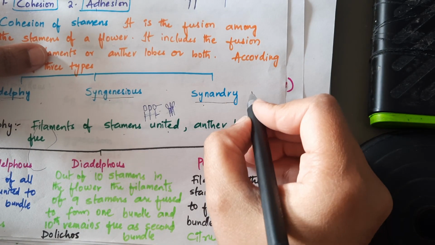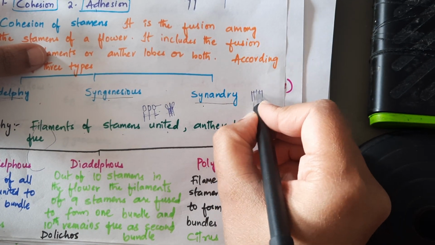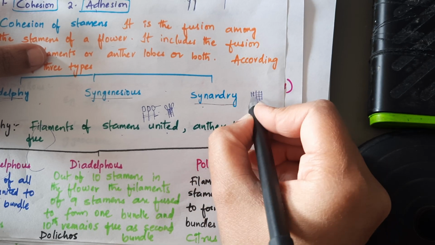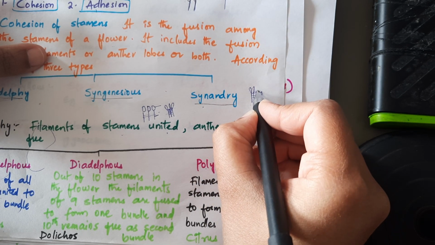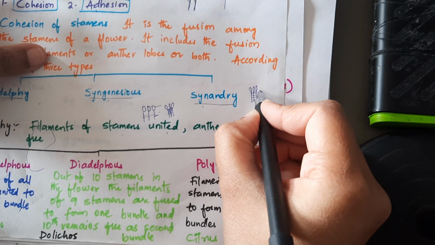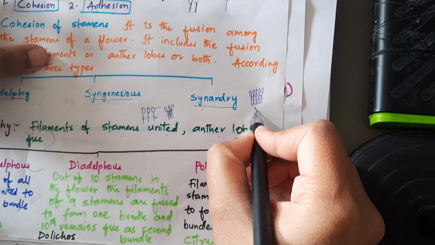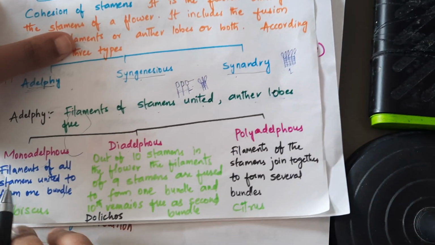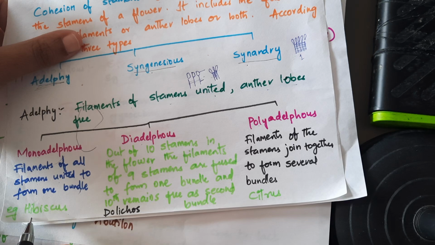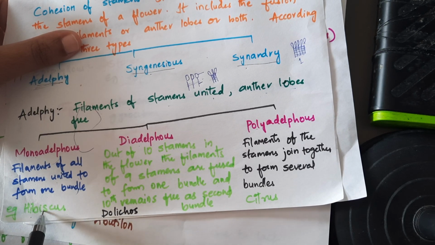Complete filaments all get united or fused and form a bundle, and the anther lobes are free. So all are united and forming a single bundle by the fusion of the filaments. We call this condition monoadelphous. Example for that is the hibiscus.